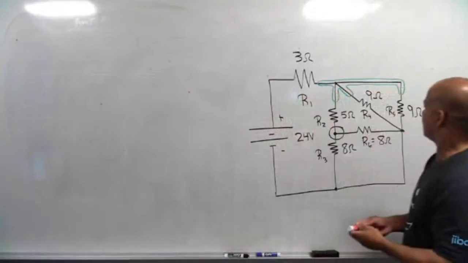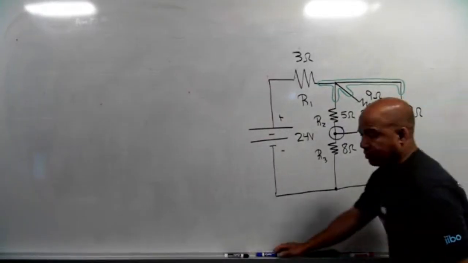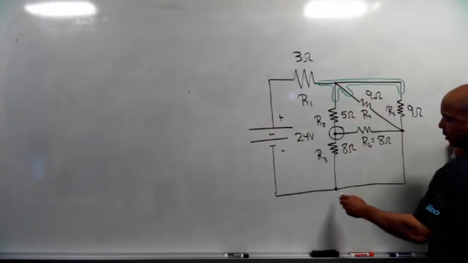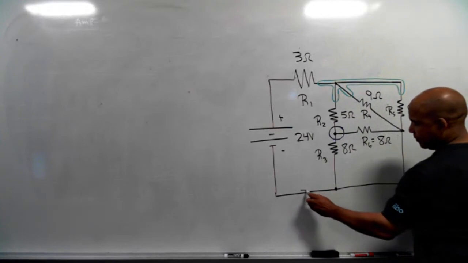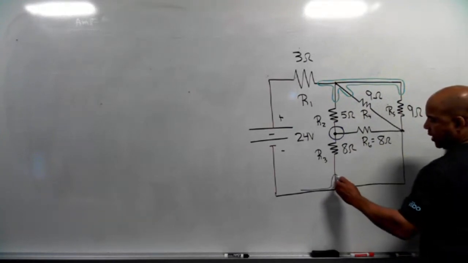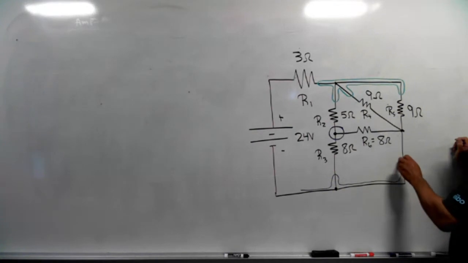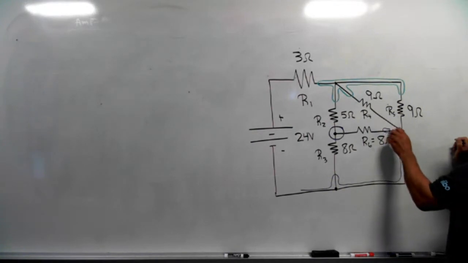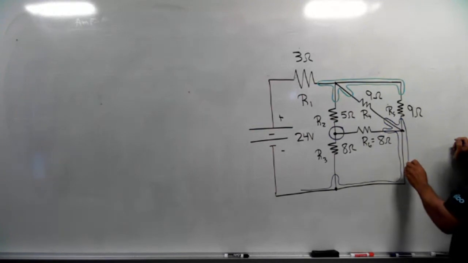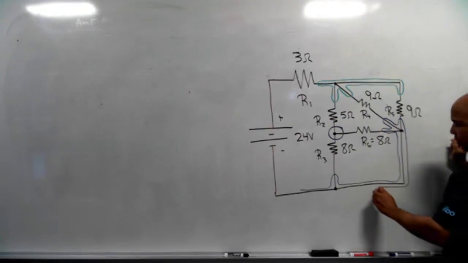I'm going to try this blue. I don't know how well this blue is going to show up. I got a node like this that touches R3. It comes up here. It touches R6. It touches R4. It touches R5. So there's another node.